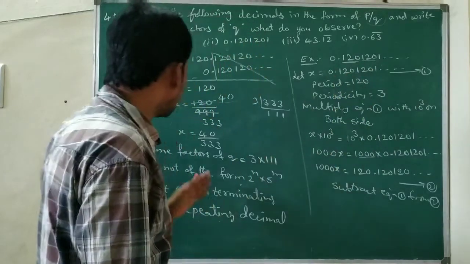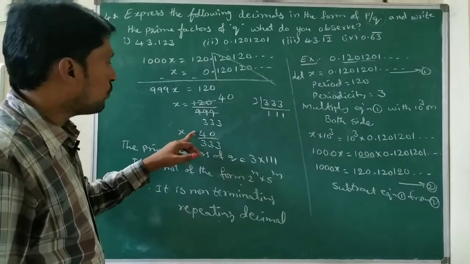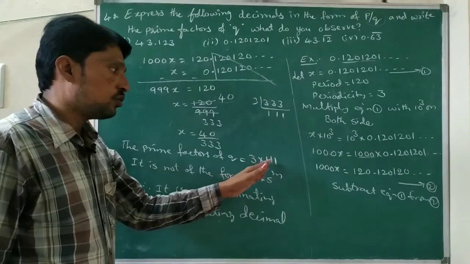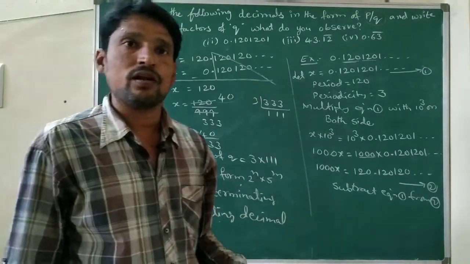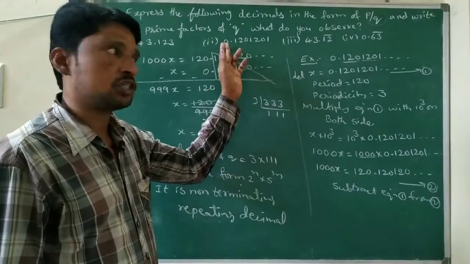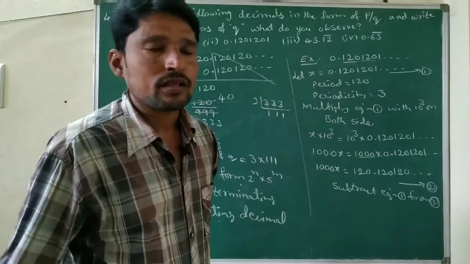So for that decimal expansion, we got P by Q form equal to 40 by 333 and the prime factors 3 into 111. It is non-terminating and repeating decimal. So that is the difference between this regular question and example one. Okay, it is clear maybe.